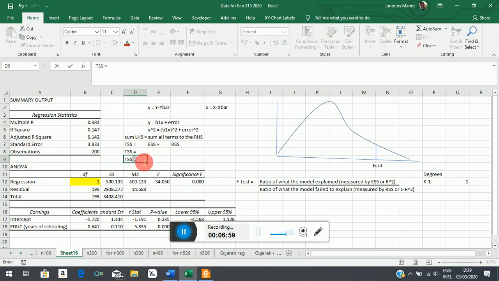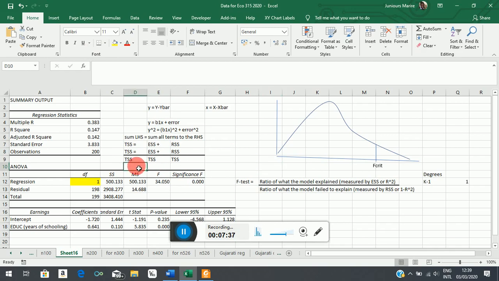by TSS, just to help you see something important here, ESS over TSS and RSS over TSS. If we do this, you will notice that this over that is 1.